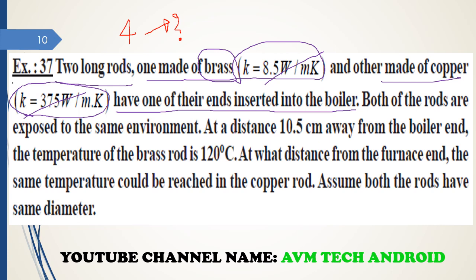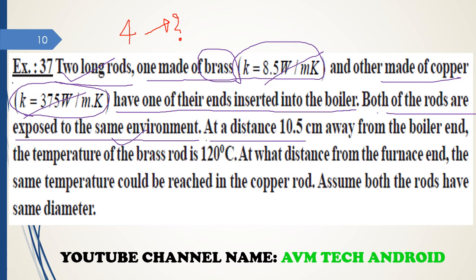So the question is very much clear to us. For both long rods, one end is fixed into the boiler. Both of these rods are exposed to the same environment, meaning outside the rod either air or water or whatsoever is there, but that environment remains the same.